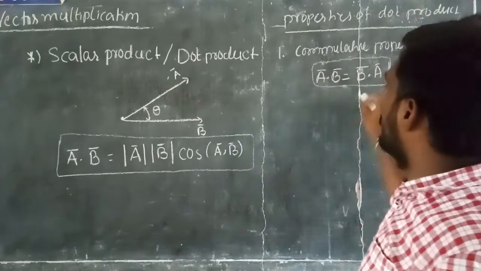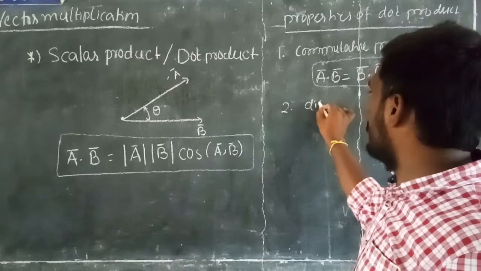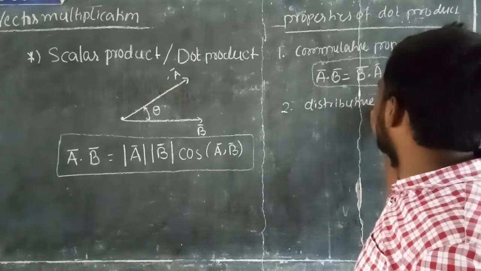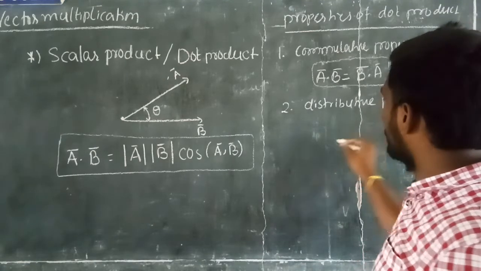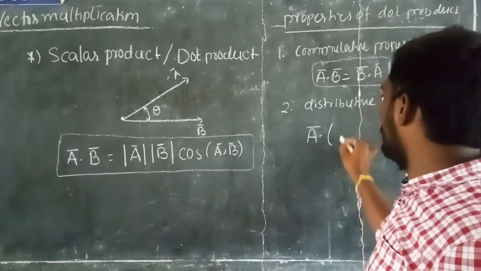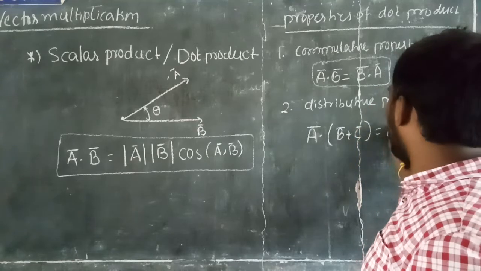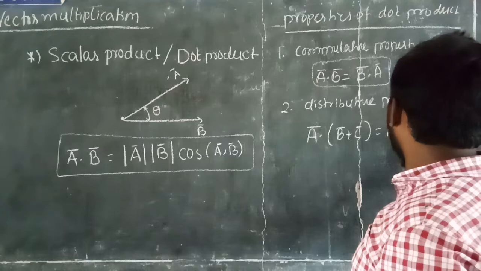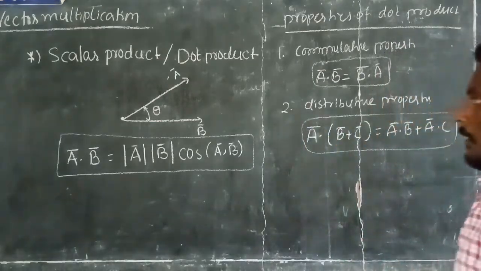It also obeys the distributive property. If you do the dot product between A bar and the sum of B bar and C bar, you get A bar dot B bar plus A bar dot C bar. This is called the distributive property.